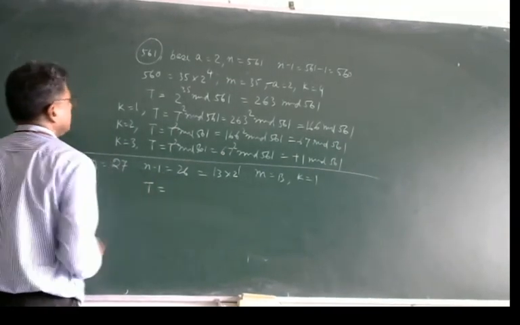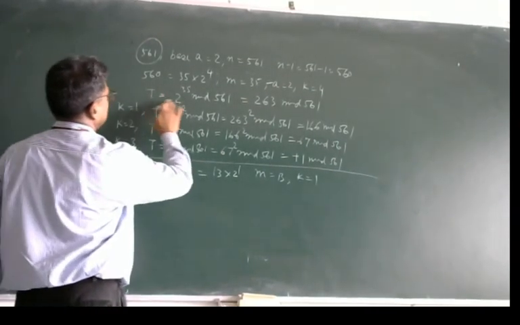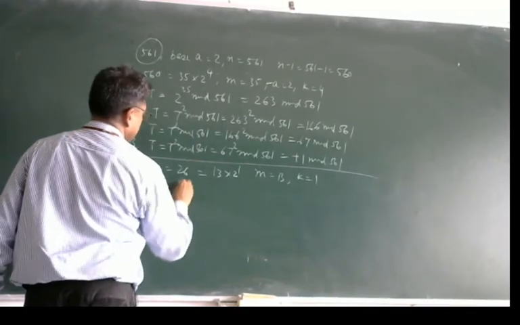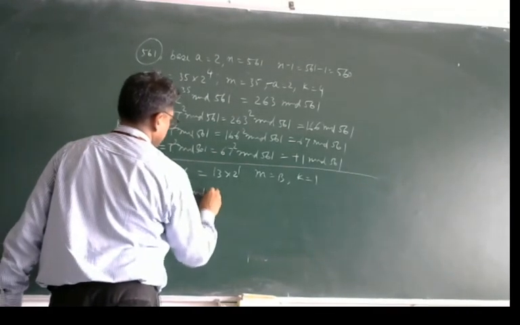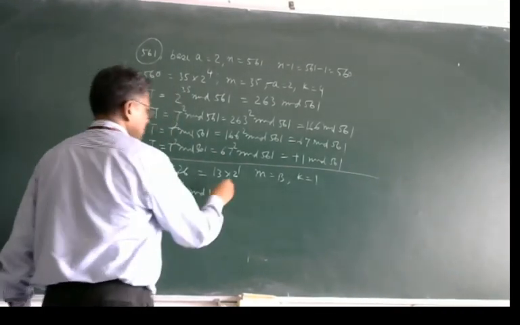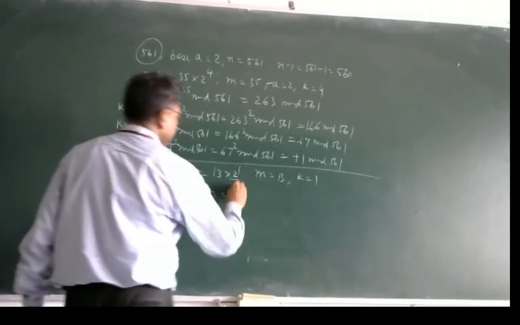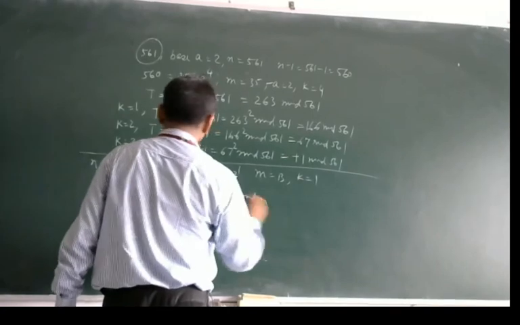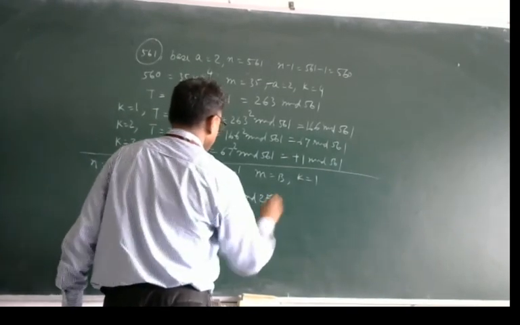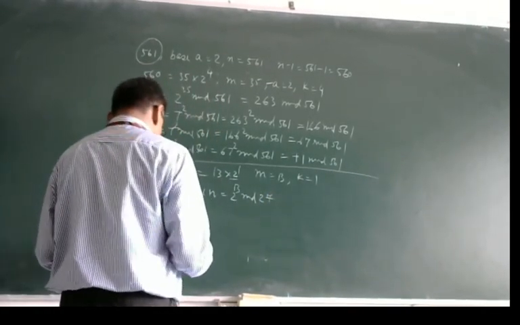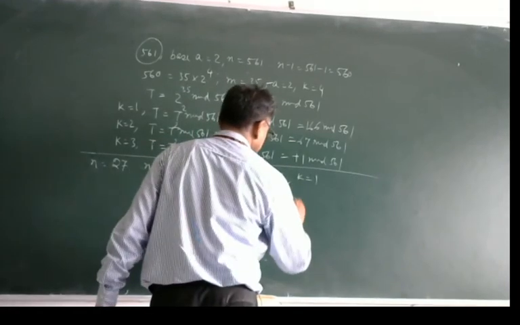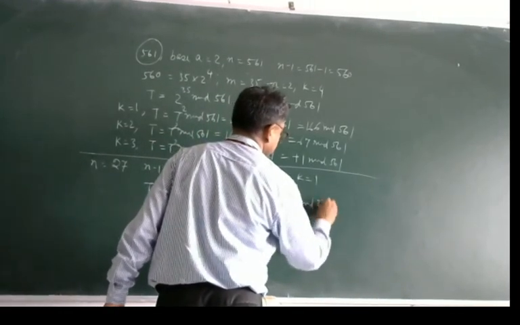We have to first calculate the value of t, and the value of t is nothing but a to the power m mod n. And what is the value of a? Here base is 2, so 2 to the power 13 mod 27. It is coming around 11 mod 27.